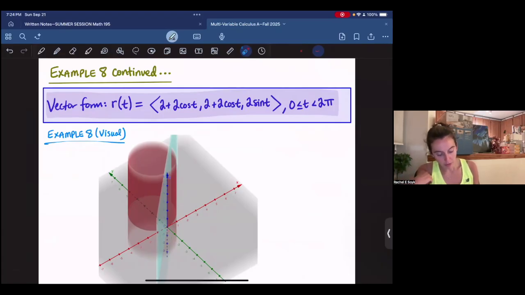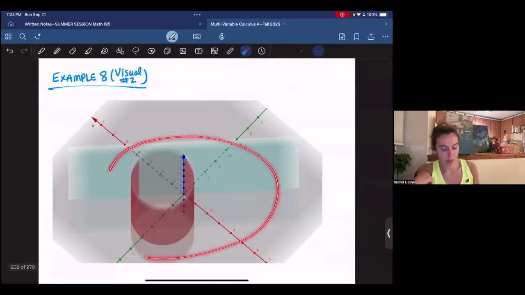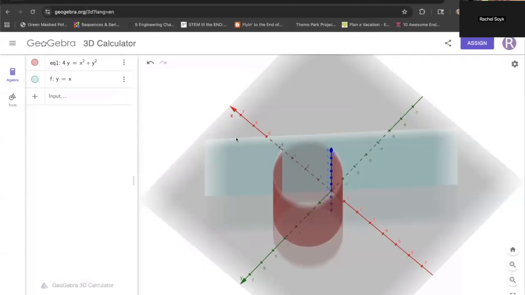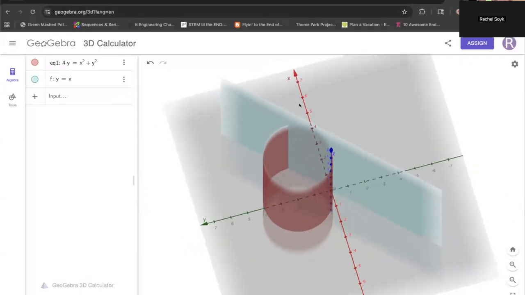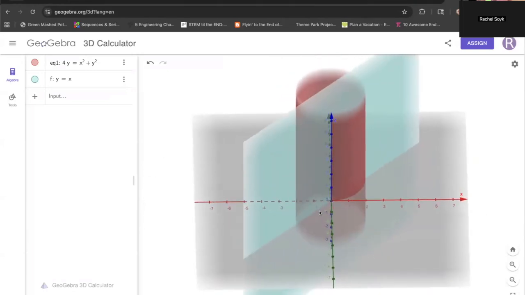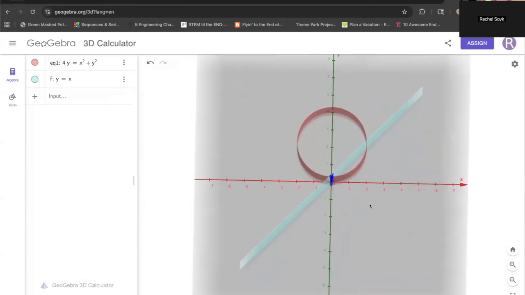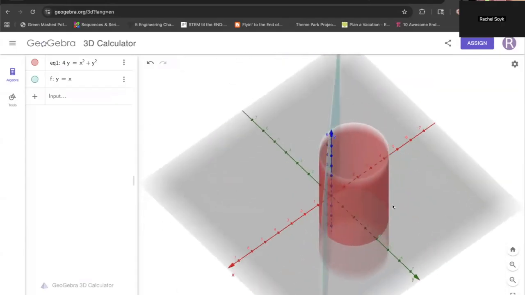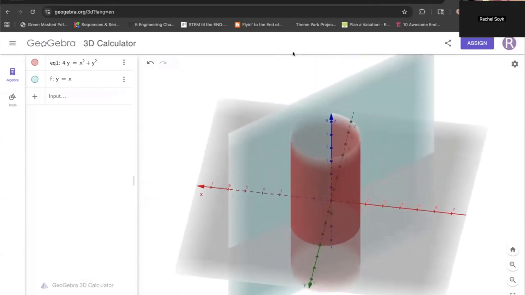I'll show you another different perspective on this, which is over here, but then I'll also share my screen so you can see it more interactively. Okay, and so here we have it. I'll show you all the angles. It's a good angle.